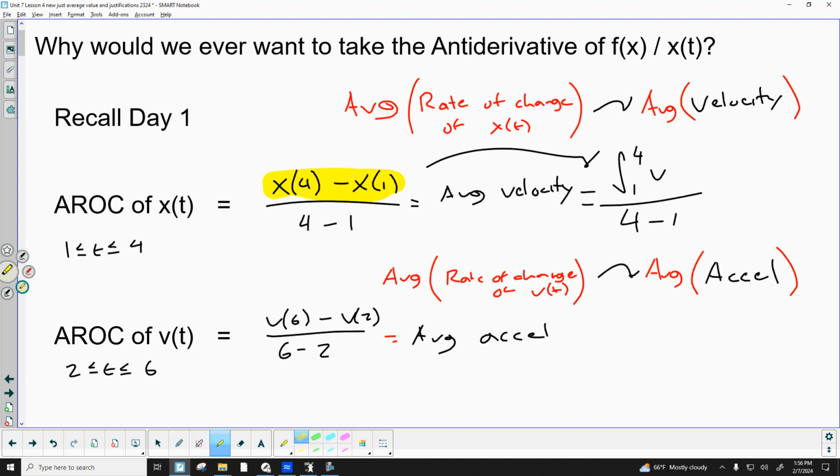This average rate of change is equal to this accumulation divided by my interval. I could go further to show how v of 6 minus v of 2 is equivalent to the accumulation of a divided by your interval.